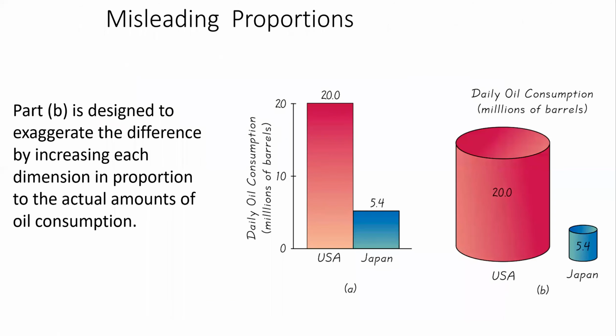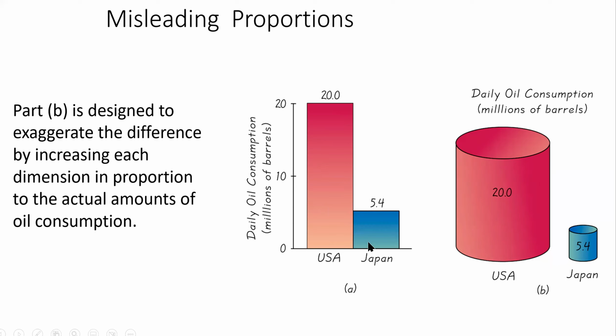All right. Another trick is to use misleading proportions. When graphs are made two-dimensional or even three-dimensional, that changes the way we see objects. For example, here we have daily oil consumption in millions of barrels.